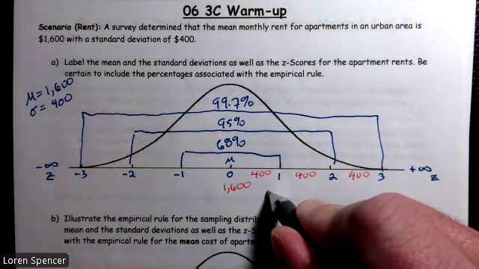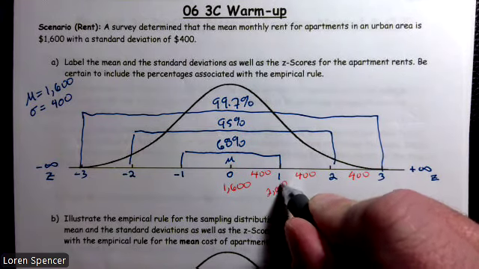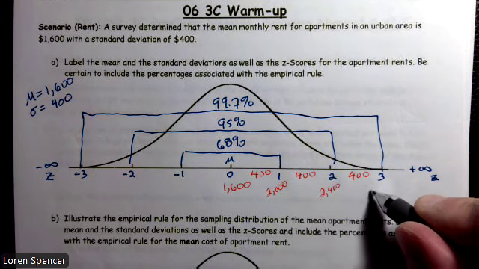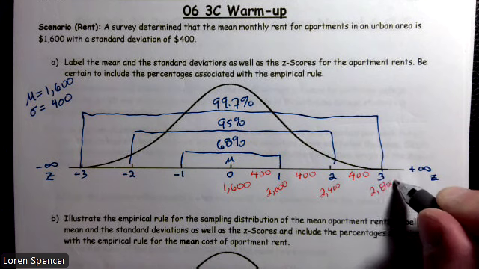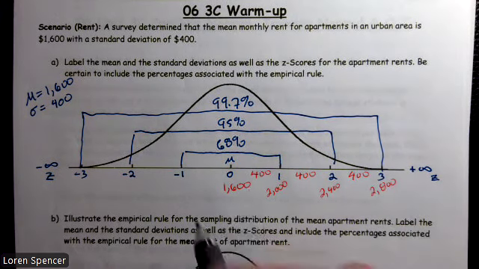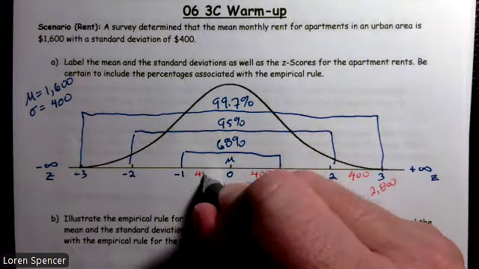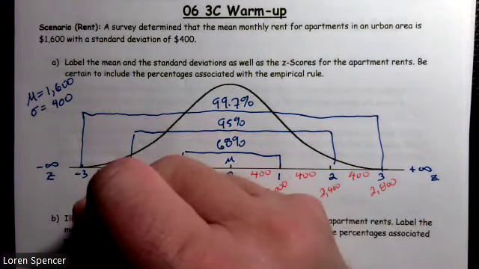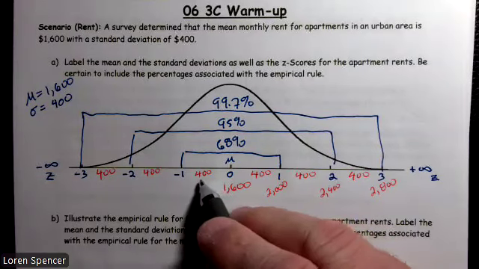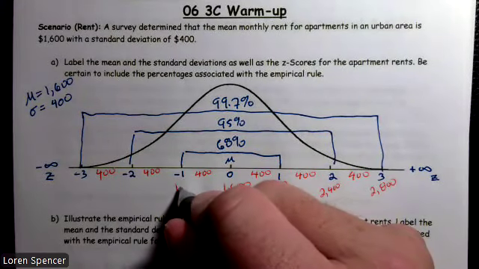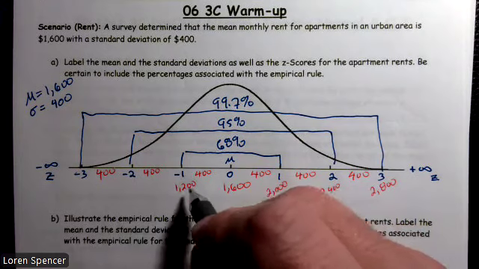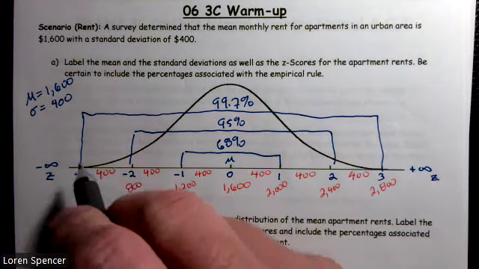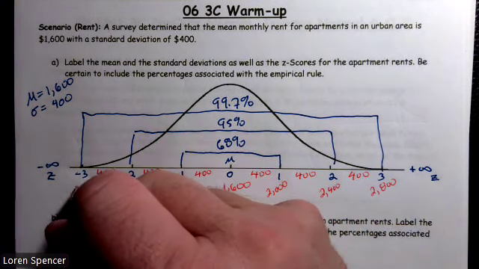So this would be 2,000, this will be 2,400, and this will be 2,800 at 3 standard deviations above. We also have to take away 400 for each standard deviation going down. So 1,600 minus 400 is 1,200, 1,200 minus 400 is 800, and 800 minus 400 is 400.